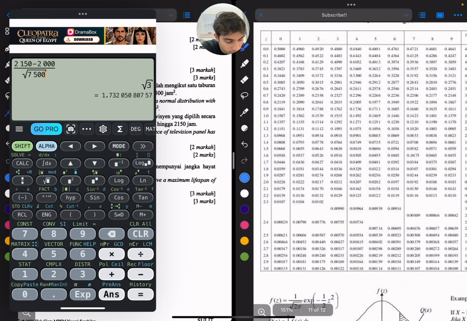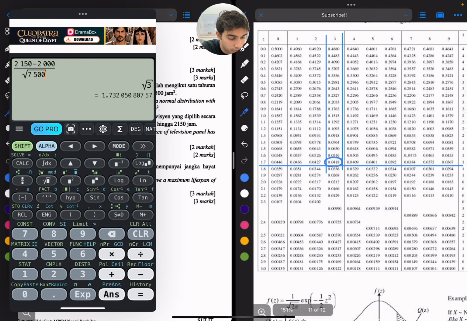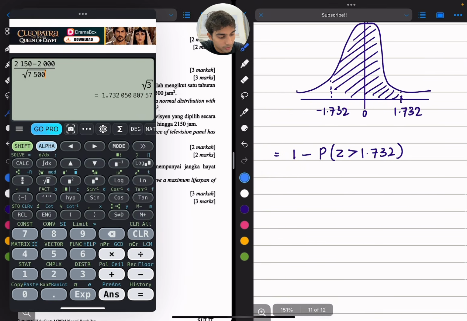1.7 is here. 3 is here. Okay, this one is 3. And then 2. 2 means we have to minus the last digit by 2. So 0.418, the last digit you minus 2 means you get 0.0416.